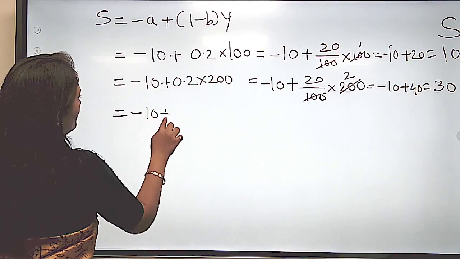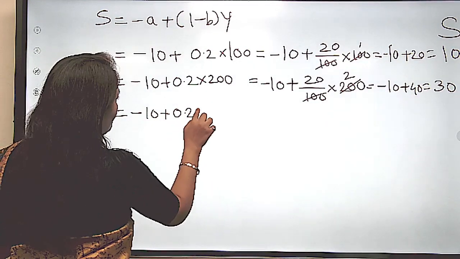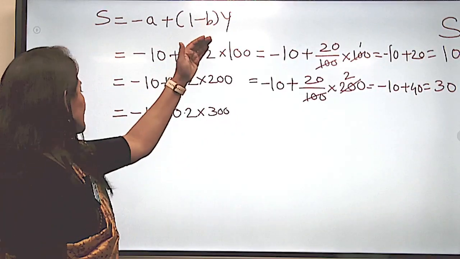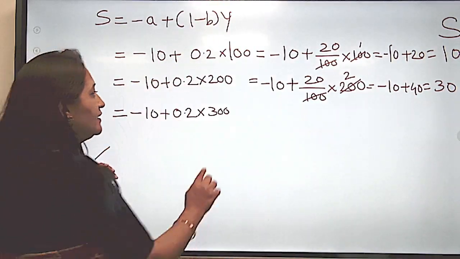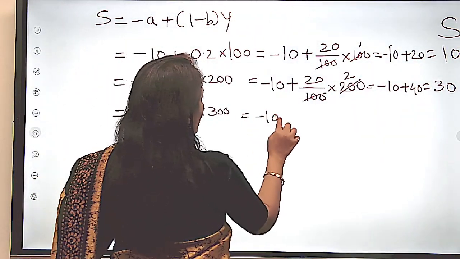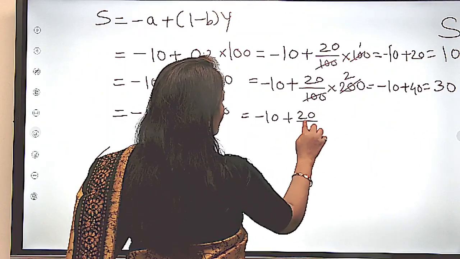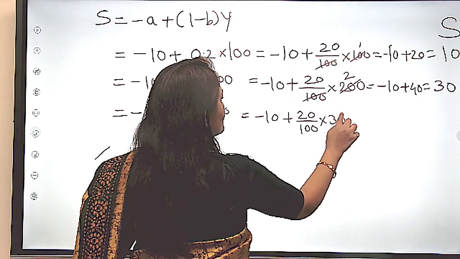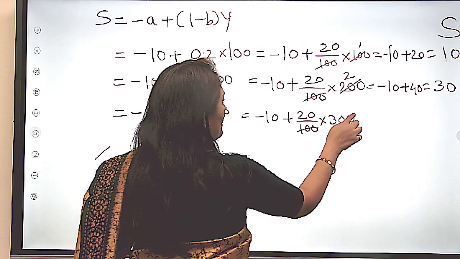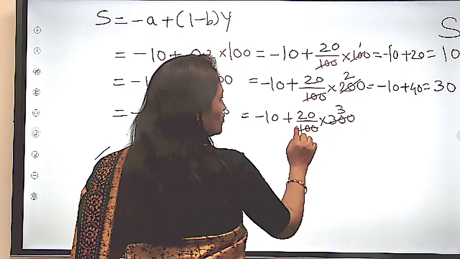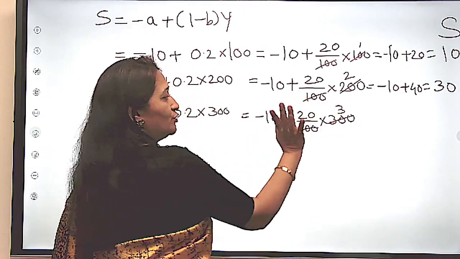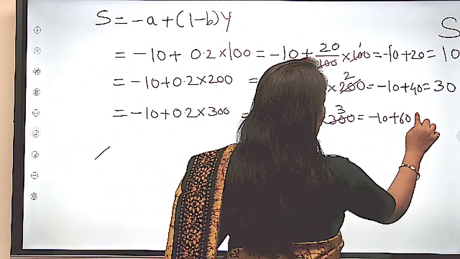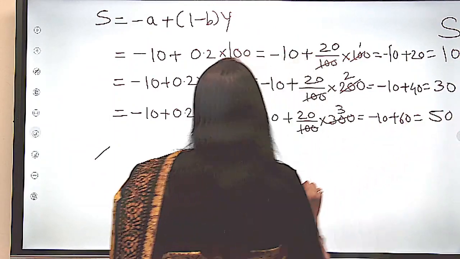Let's try one more value for income. Let us say 300. Income is increasing from 100 to 200 to 300. Let's put these values as they are. 20 by 100, it is 20% of 300 income, which is a part of induced saving. So 100 threes are 300, 20 into 3 is 60. So minus 10 plus 60, the answer is 50.